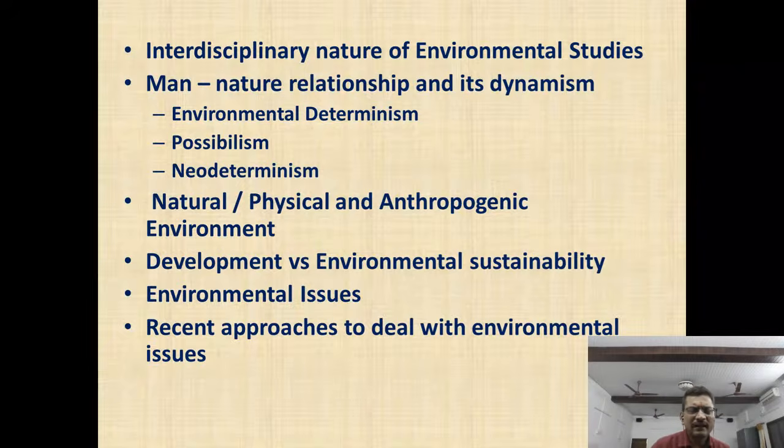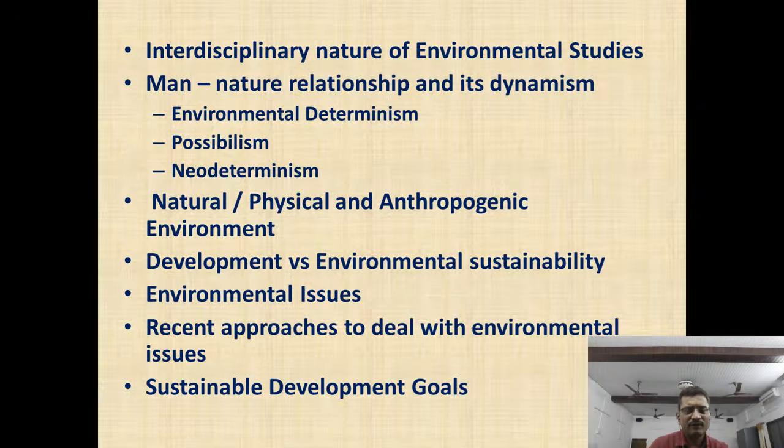All these technological advancements are helping us to monitor environmental issues, and we will be able to find solutions to them also. What is our ultimate goal? Our ultimate goal is to achieve sustainable development.